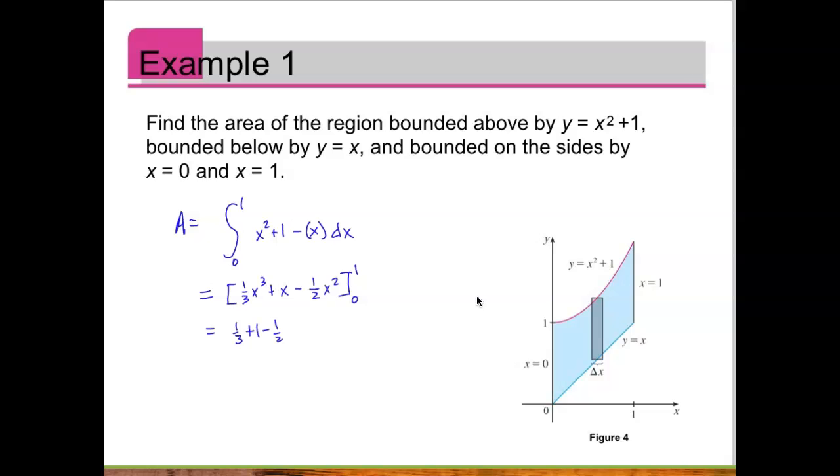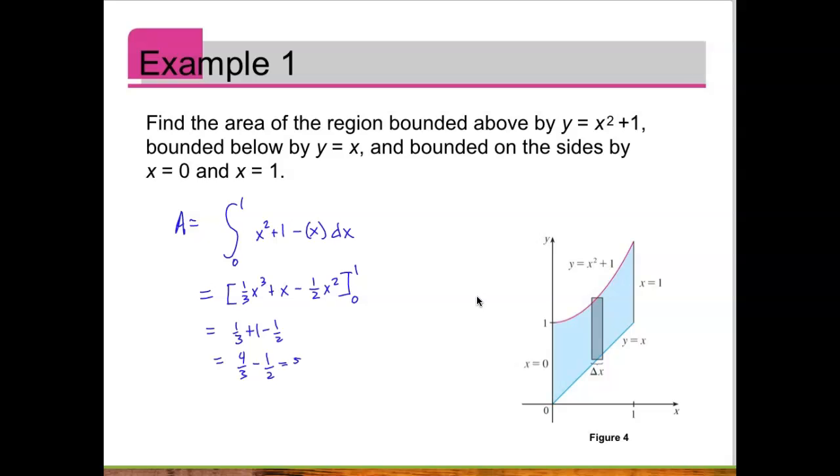Plug in 0, I get all zeros, right? So 1/3 plus 1, 4/3. It's 4/3 minus 1/2. 8 over 6 minus 3 over 6. There we go.